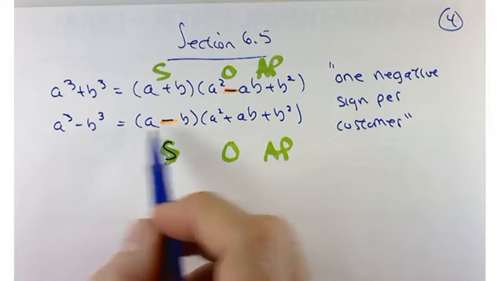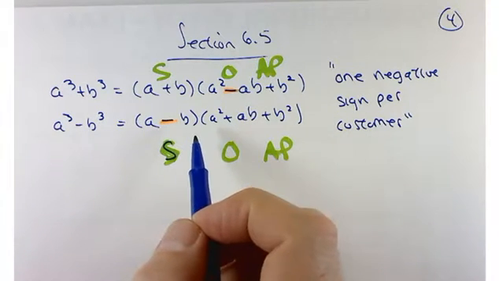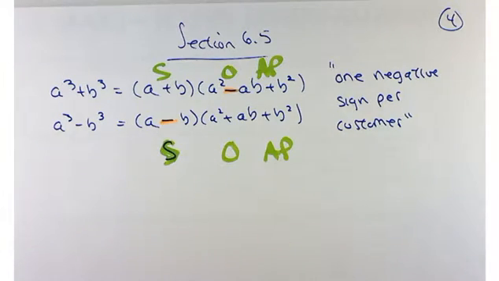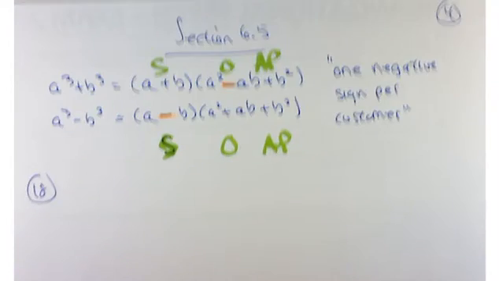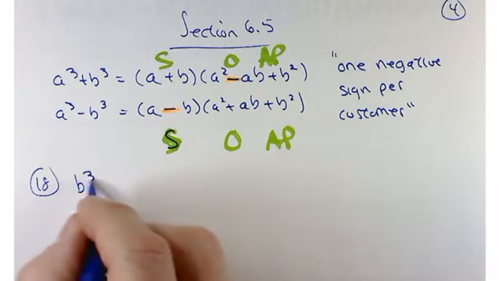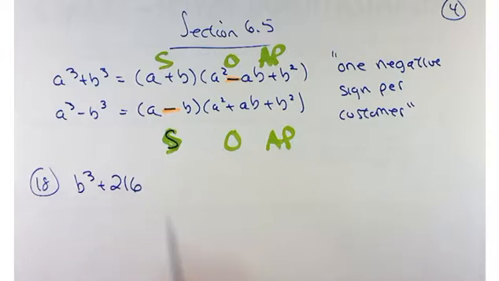Now, as far as the formulas themselves are concerned, we're going to approach this a little bit differently. This mnemonic is great for the signs, but we need to figure out how those terms work in between. So we'll start with problem number 18. b cubed plus 216.